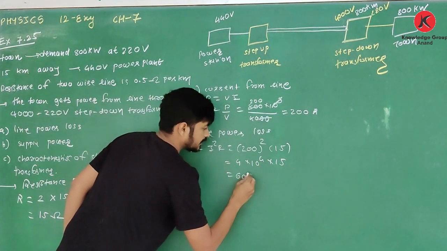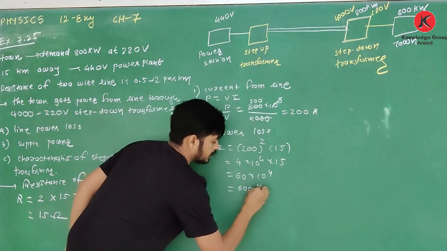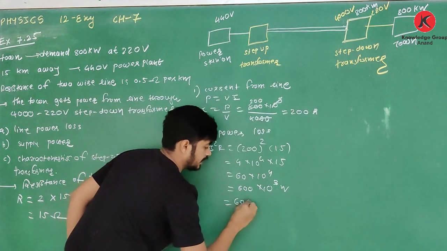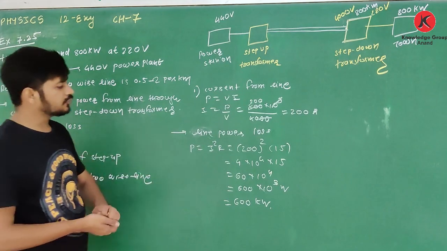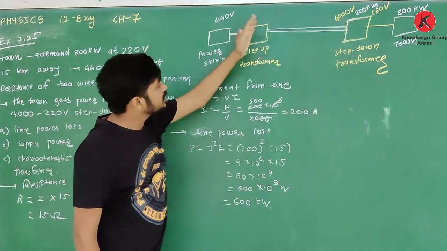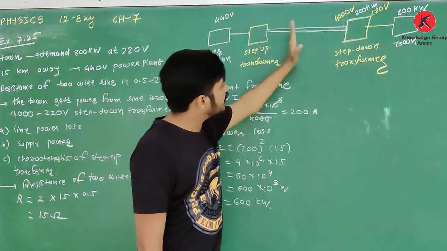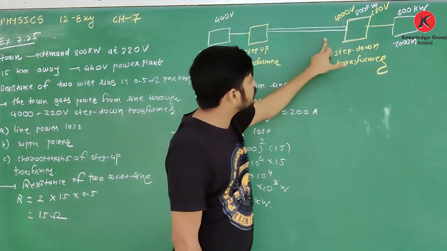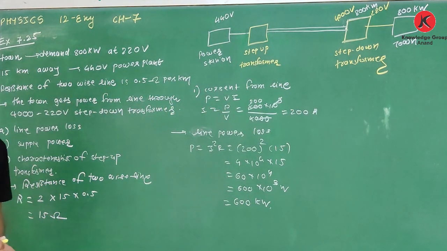So it is 60 into 10 raised to 4, or I can say it is 600 into 10 raised to 3 watt, or 600 kilowatt. So when the step up transformer increases voltage and it is supplied via this two wire line, what is the loss of power in this wire line? 600 kilowatt.